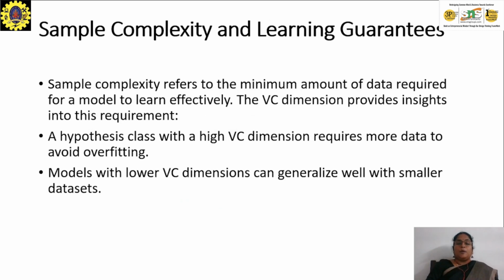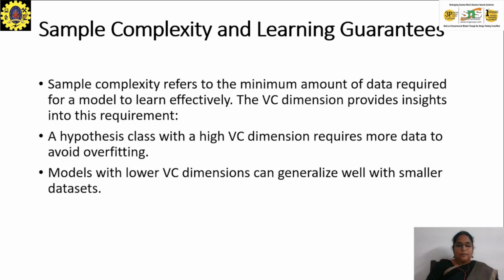What is sample complexity? Sample complexity refers to the minimum amount of data required for a model to learn effectively. It refers only to the minimum amount of data. A hypothesis class with higher VC dimension requires more data to avoid overfitting.